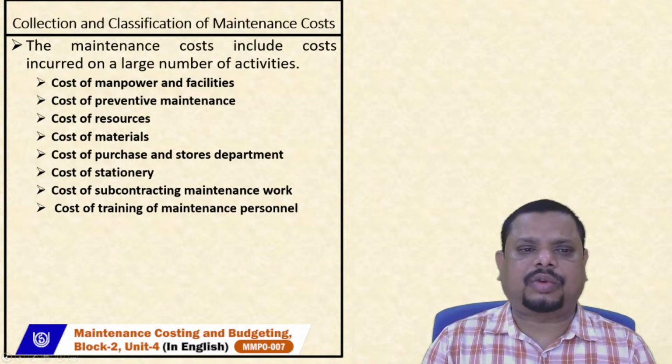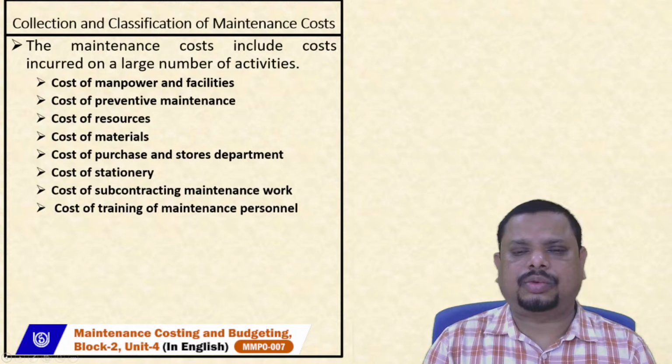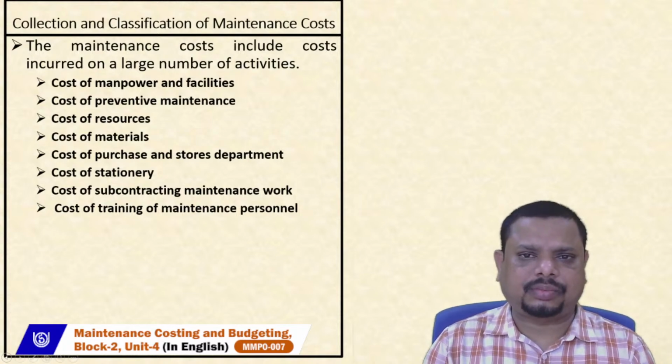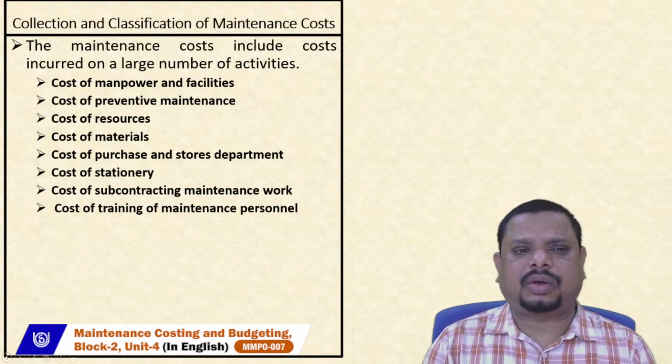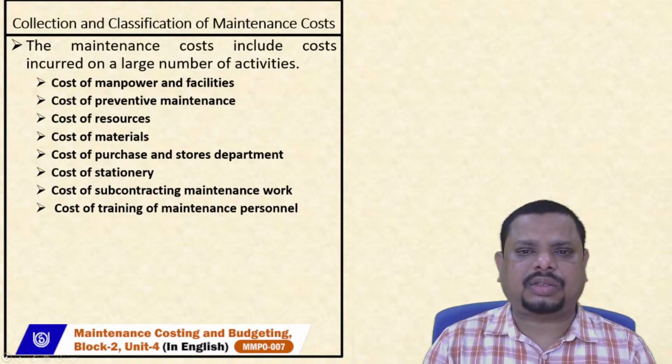If you go for preventive maintenance, you have to do a lot of coursework, and that cost is also involved in the collection and classification of your maintenance cost. Then cost of resources and machine materials, which have some amount of cost.